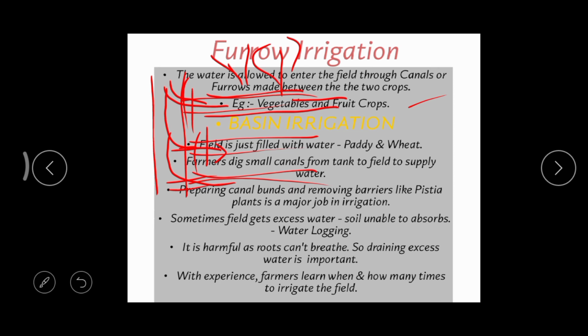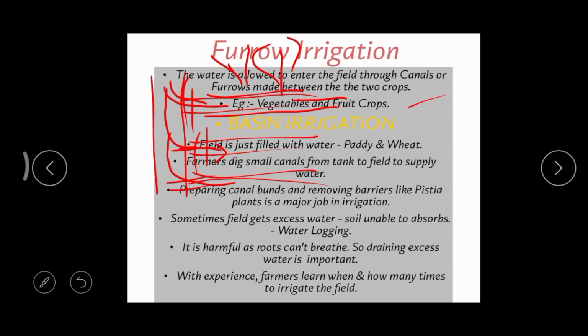They make some opening, and through that opening they supply the water. The entire field is leveled so that the water can be supplied to each and every part. Now the field is completely filled with water. That kind of irrigation is called basin irrigation, correct?